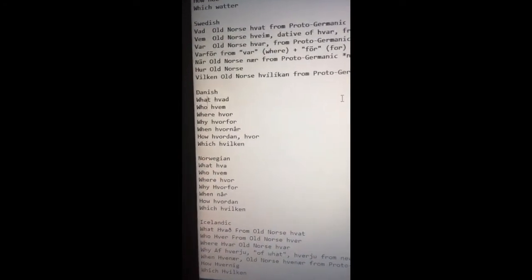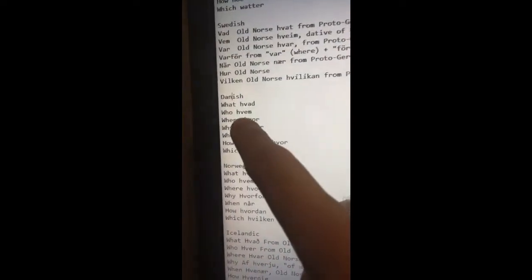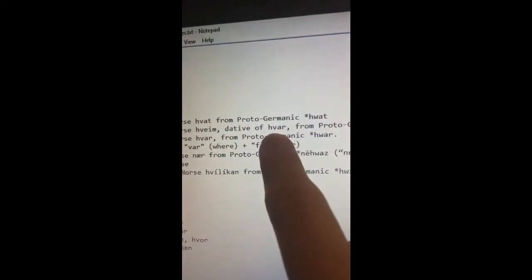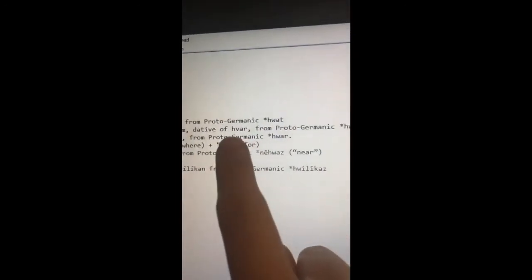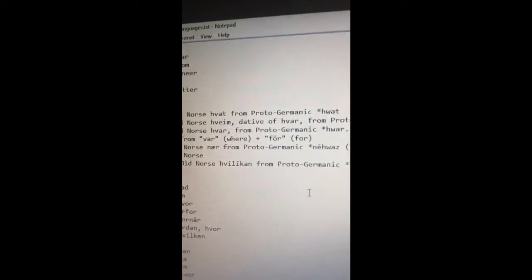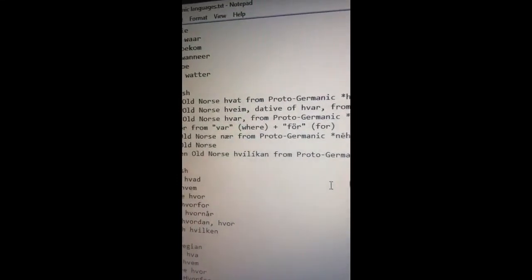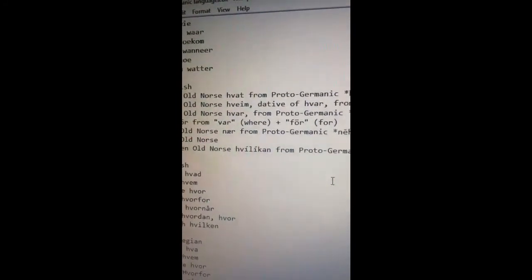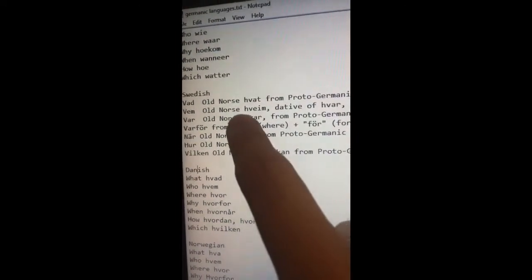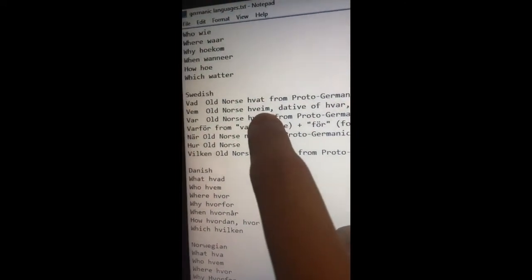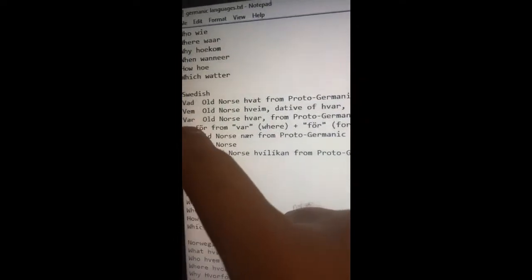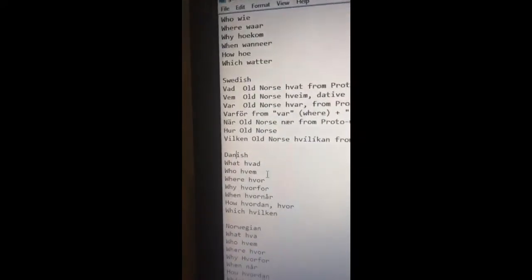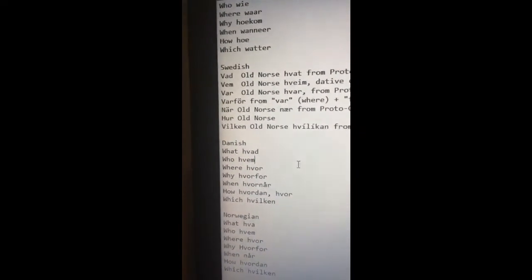Vad, vem, one interesting thing to note, vem comes from the dative of var. So that means you're actually saying to what. So dative is things moving towards something. So if you're giving something to someone, that would be the dative. So comes from Old Norse, and then that eventually became vem in Swedish, and the other languages descended from Old Norse also do that.